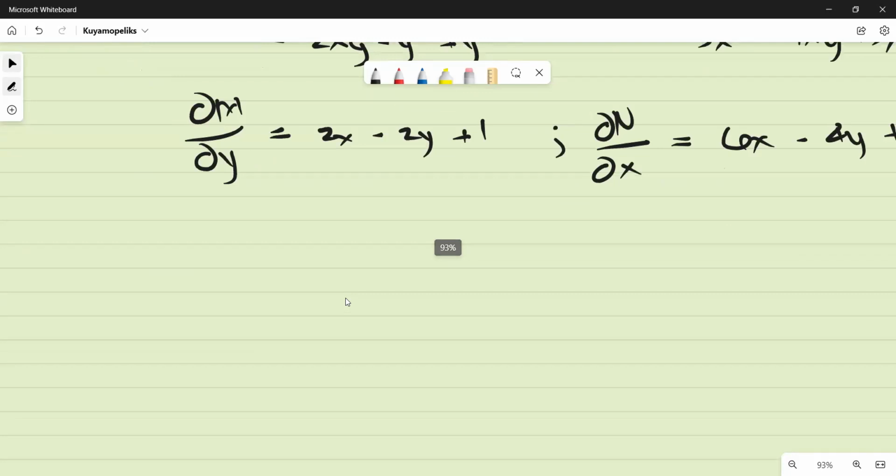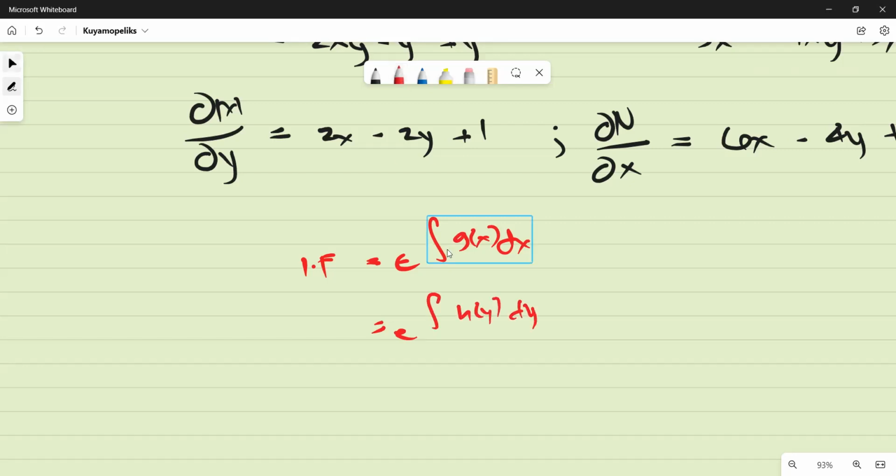So we go to the non-exact case. How do we handle non-exact? We need to get the integrating factor. To solve for the integrating factor, we use either the integral of g of x dx or the integral of h of y dy.